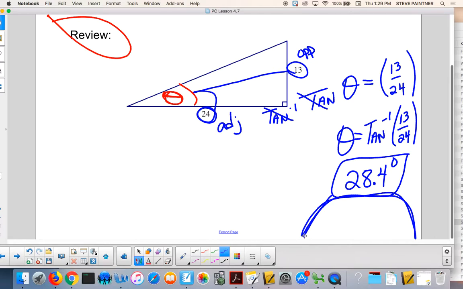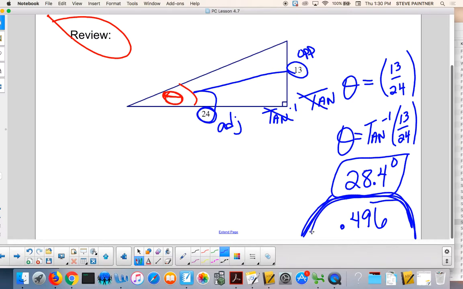I got 0.496. So if you did it to the nearest thousandth, it's just shy of 0.5. Just a little shy of 0.5.